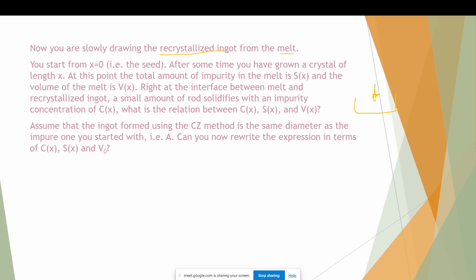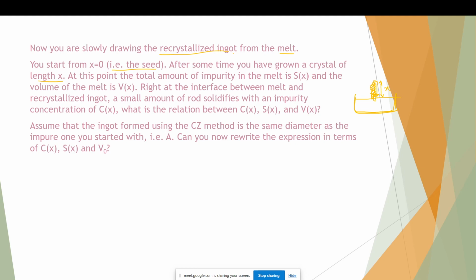So we start from x equal to 0 position, that is the seed. After some time, you have grown a crystal of length x. So if this is the melt, this length is x. At this point, the total amount of impurity in the melt is S of x.